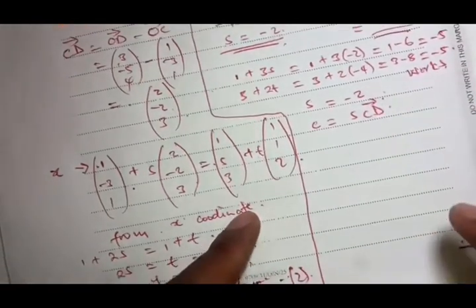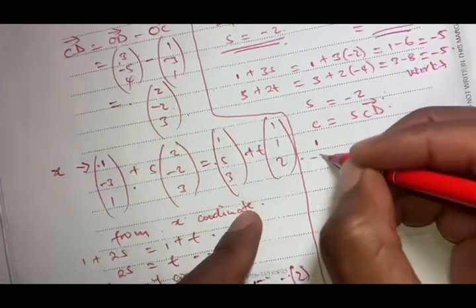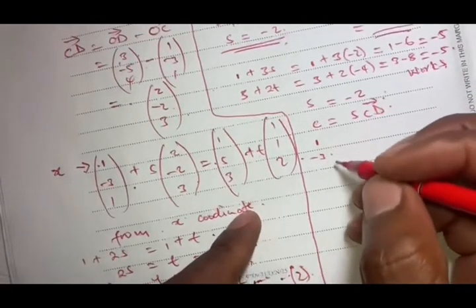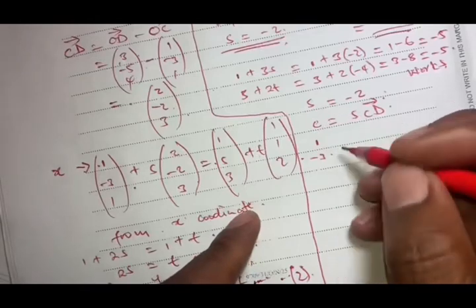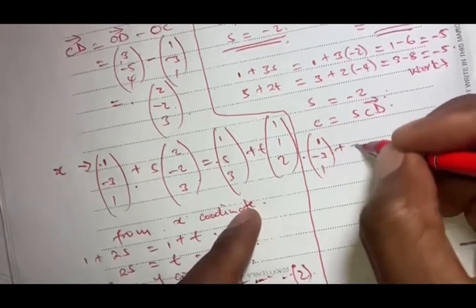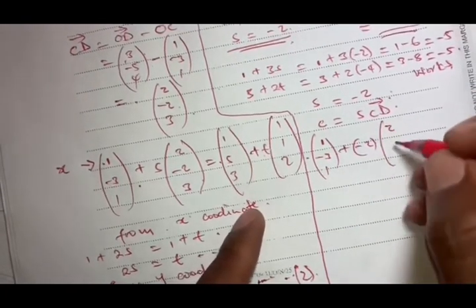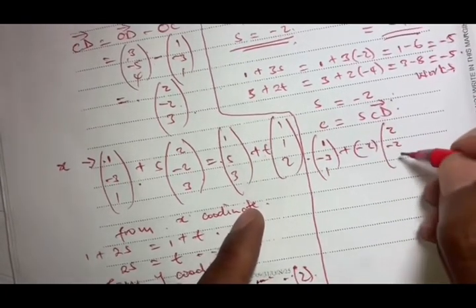So these two get me 1 minus 3, 1 plus minus 2, 2 minus 2, 3.